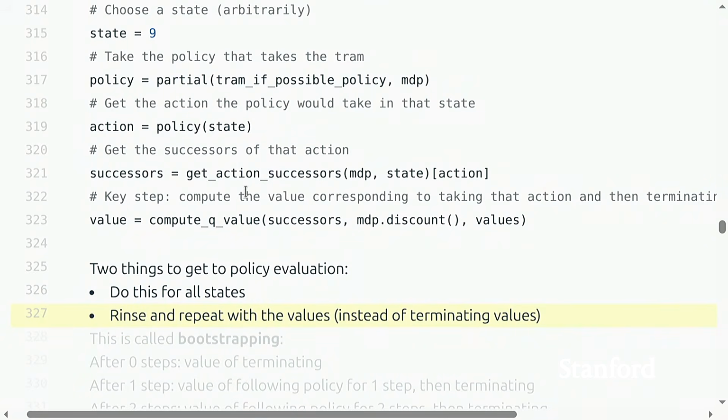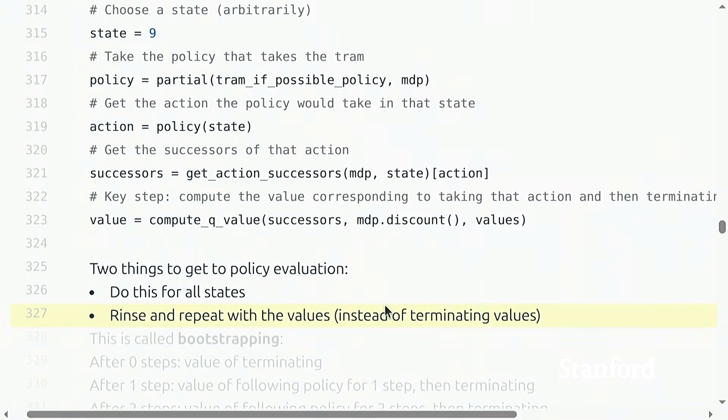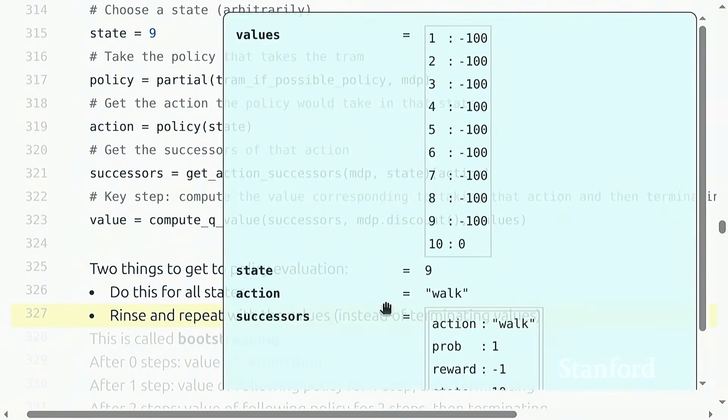Instead of just V being this sort of terminating set of values, I'm going to compute the values, and then I'm going to take these values, use these to compute a new set of values, and then replace these values with a new set of values and continue iterating.